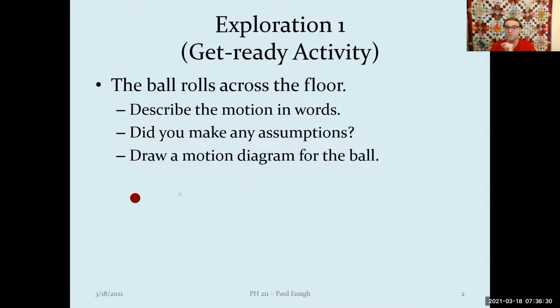Now I'm going to make those two assumptions that I made earlier, that the ball is rolling in a straight line and that the ball is moving at constant speed. So that means that as I draw these snapshots, they're all going to be at the same height, at the same vertical position on my screen. And they should all be spaced out pretty equally.